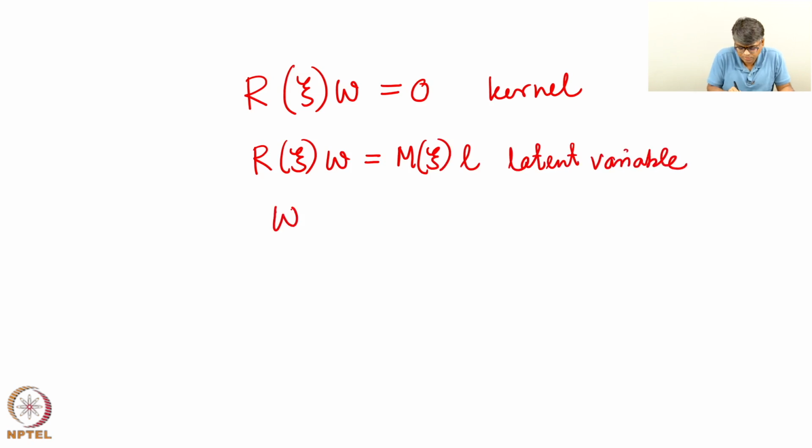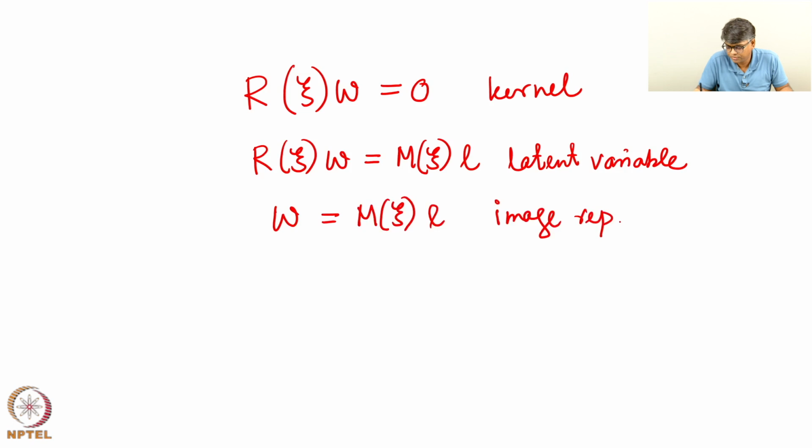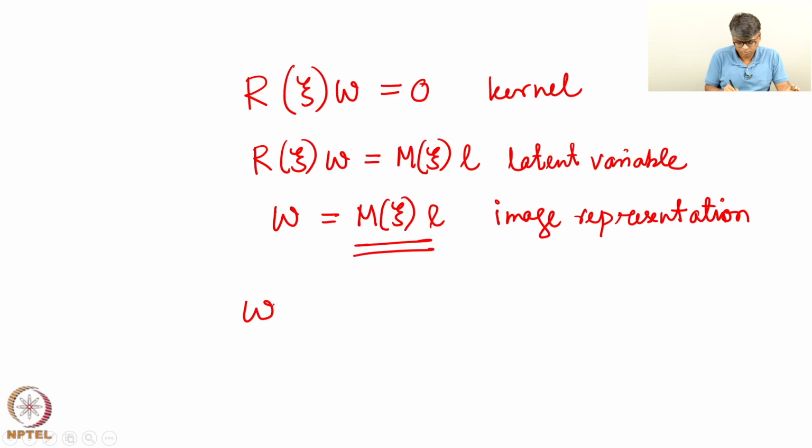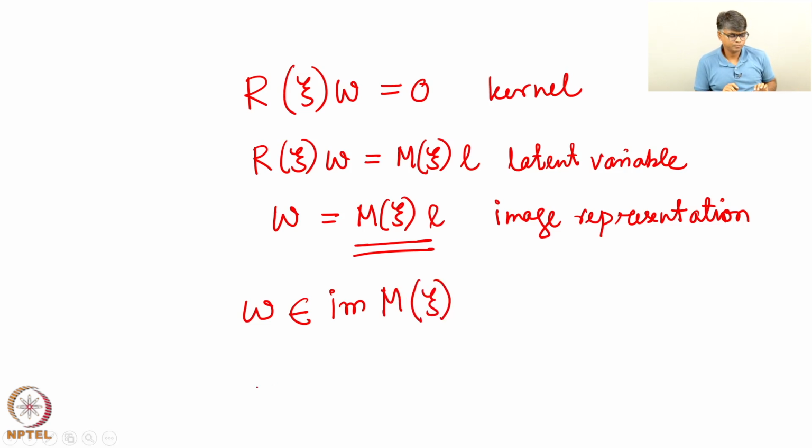The special case of this is when we have w equals M(ξ)l, and there we are going to call this an image representation for obvious reasons. Like earlier we used to write w belongs to the kernel, here it means that w belongs to the image of the operator M(ξ). That is why it is called an image representation.